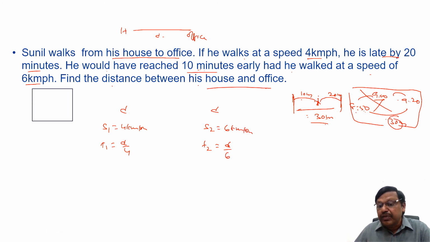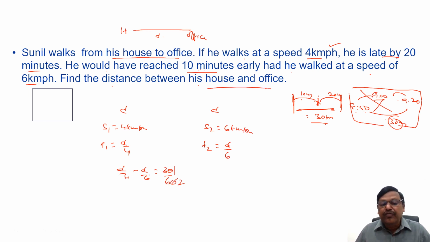I can say the difference between them is 30 minutes, which means the difference between the two times, d by 4 minus d by 6, is 30 minutes. But since speed is in kilometers per hour, your time should be in hours. So this is in minutes, 30 minutes. If I have to convert into hours, it is 30 by 60, 1 by 2.